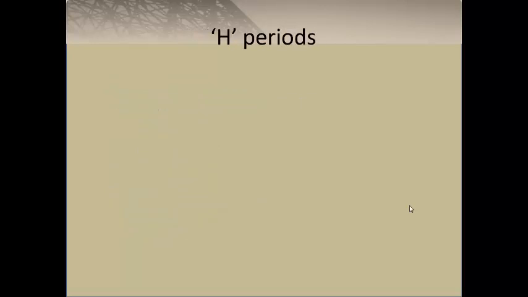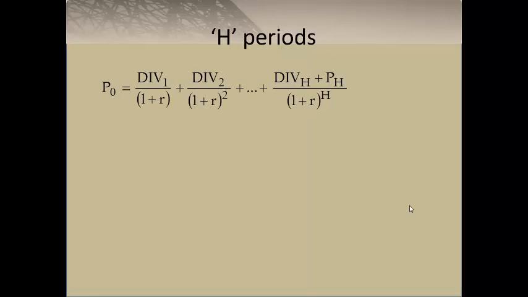If we extrapolate this to H periods, then the following happens. We have P0 is Div1 divided by 1 plus R, Div2 divided by 1 plus R squared, and so on and so forth till Div-H divided by 1 plus R to the power H plus PH divided by 1 plus R to the power H. So we can summarize this as the sum over time t going from 1 through H of Div t divided by 1 plus R to the power t.